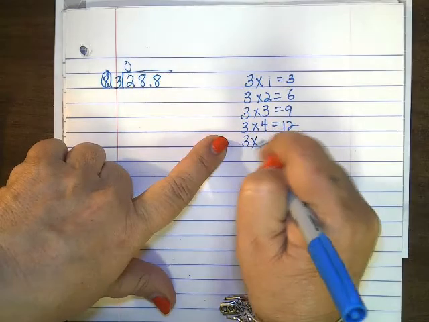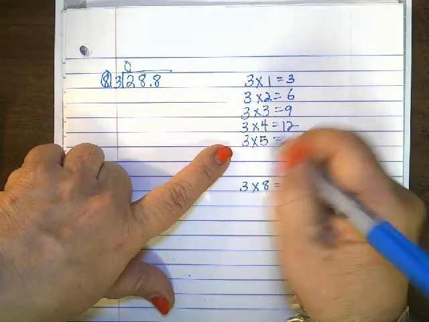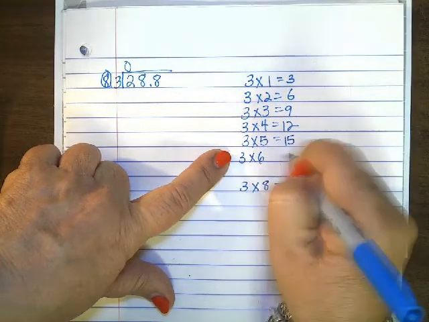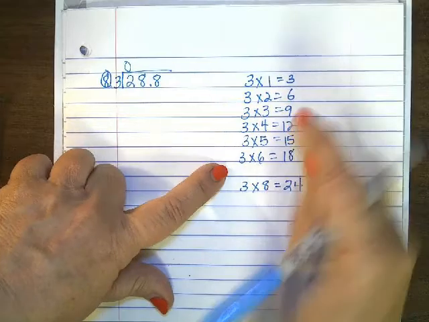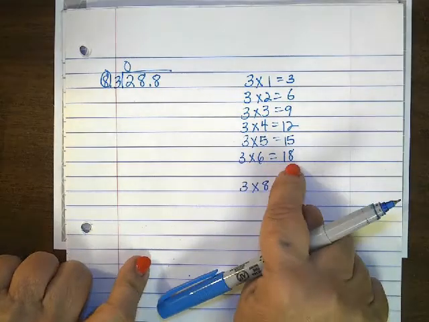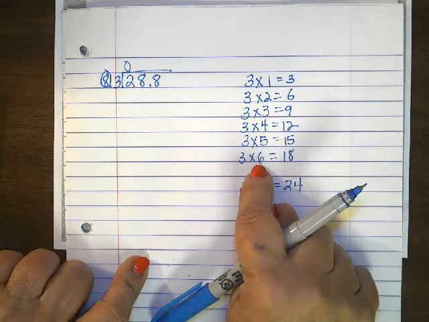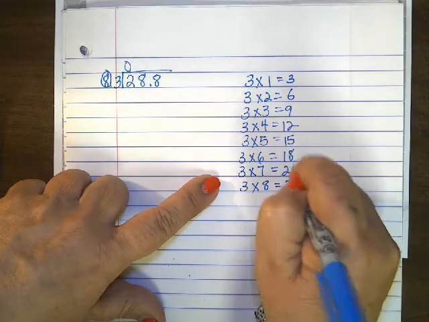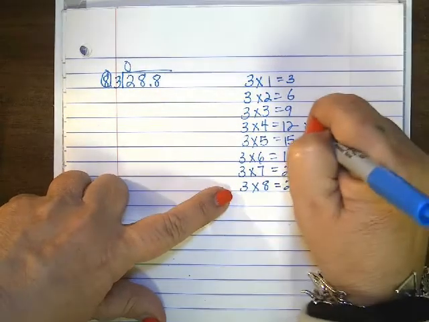So 3 times 5, I have 5 in each group, that's 15. I have 3 times 6, 6 in each group, that's 18. And all you're doing is doubling this up. If you double this, you double this. Double your product, double your factor. 3 times 7 equals 21. And isn't this what we did?